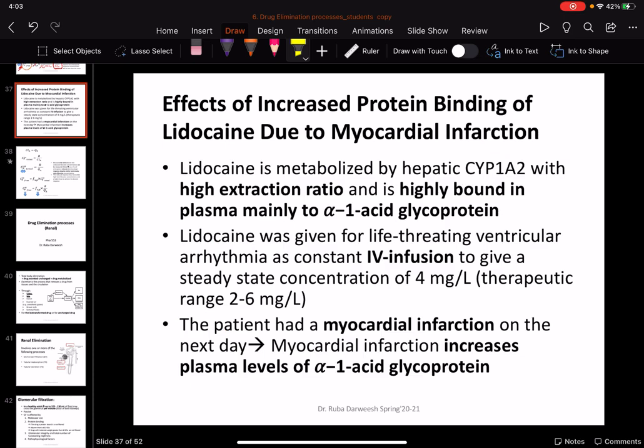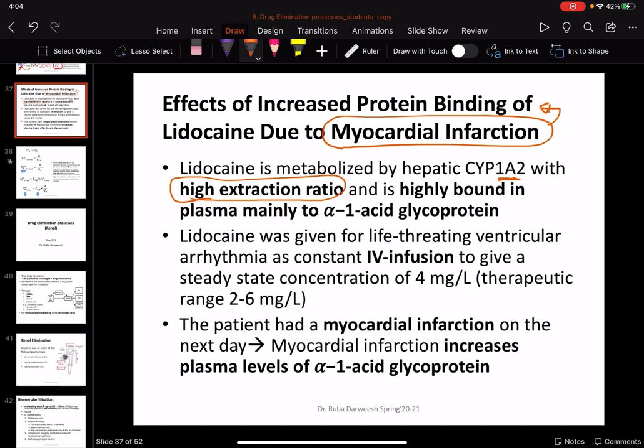For the effect of increased protein binding due to myocardial infarction, again we have a disease and its effect on protein binding. This is a different example to show you a different effect. Lidocaine is metabolized by hepatic CYP1A2, a high extraction ratio drug, and is highly bound to plasma, mainly to alpha-1 acid glycoprotein.